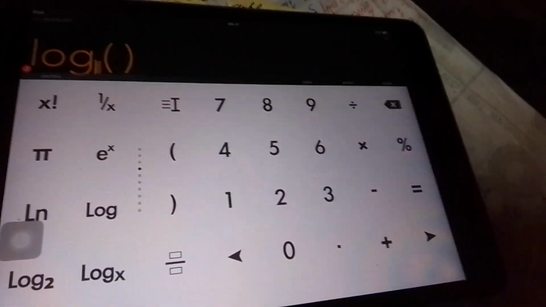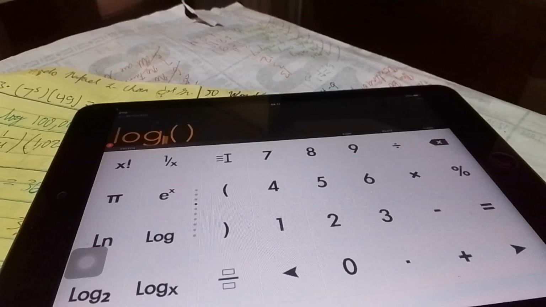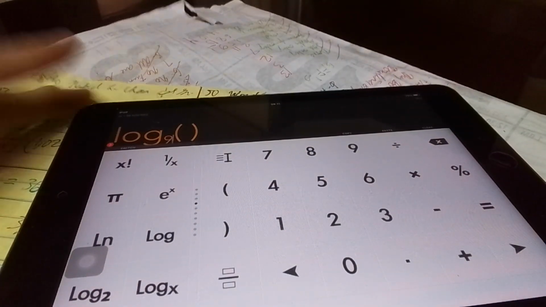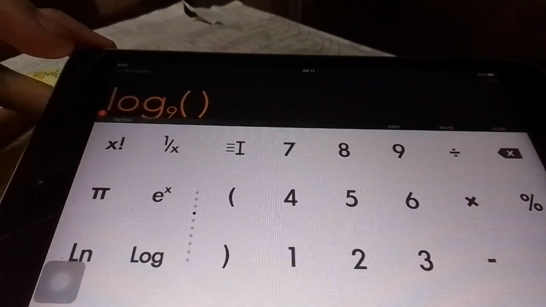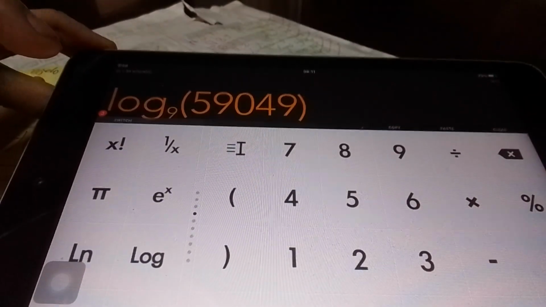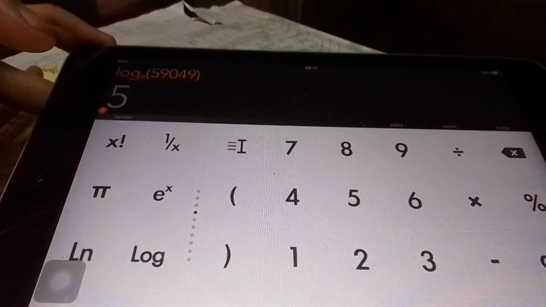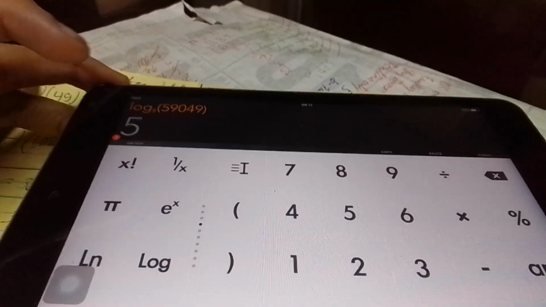Let's see what answer you can get. Typing it here in the calculator, log base x, we type there 9. Did you see the 9 here? Log base 9 of 59,049. What answer did we get? 5.